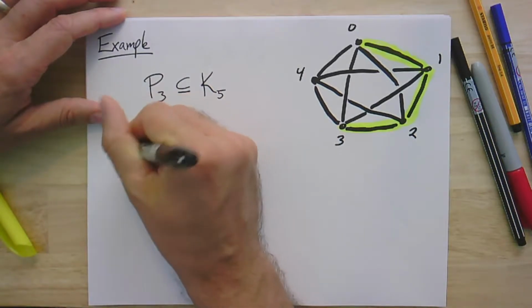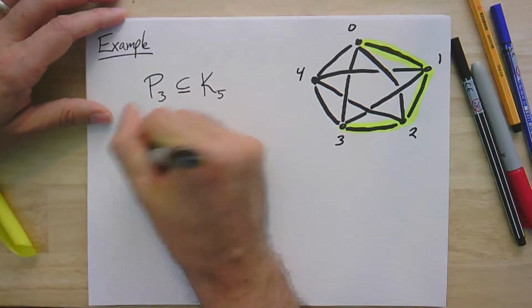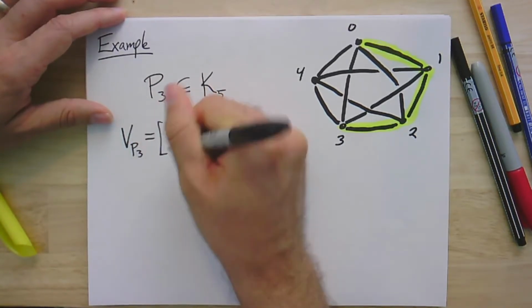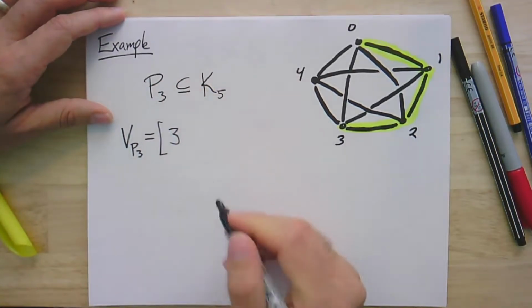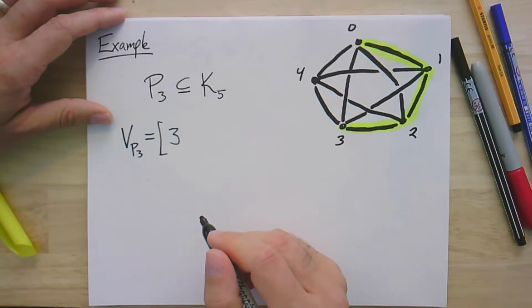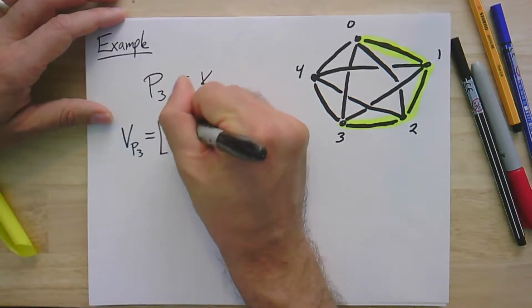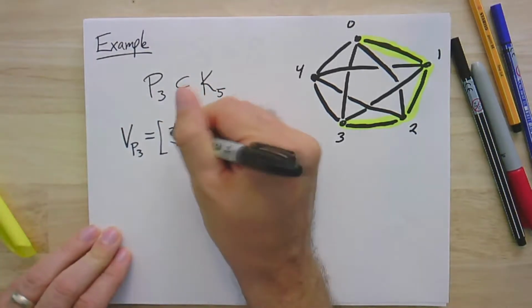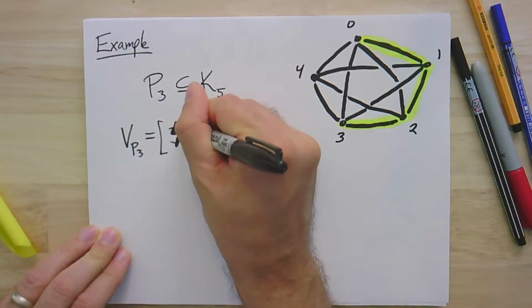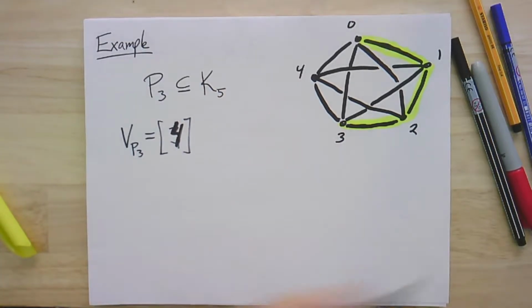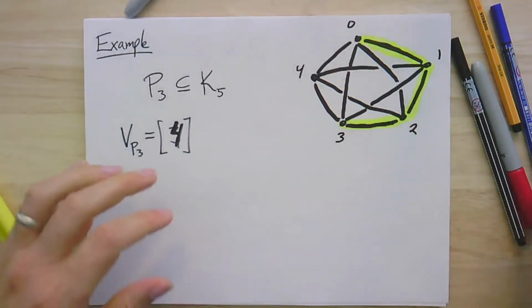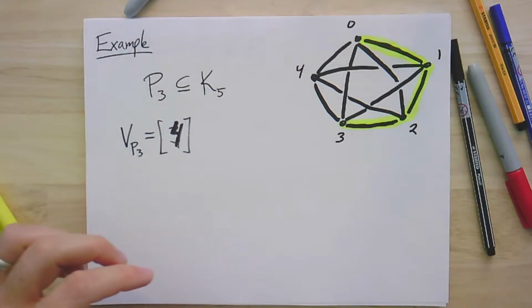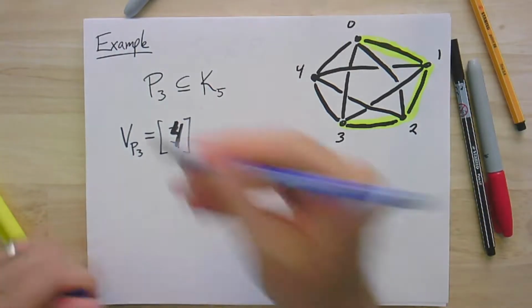So the vertex set of P3, by definition, is the numbers, actually it goes up to 4, right? So it's 0, 1, 2, 3. These are our vertices.